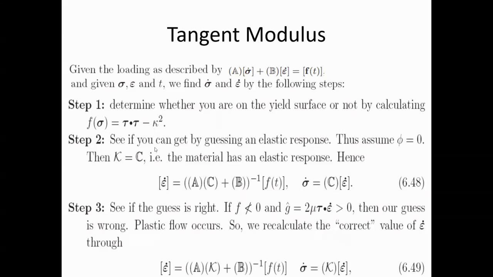After that, see if you can get it by guessing it to be an elastic response. That is, assume phi is equal to 0. Then what will happen? K is nothing but C. If K is nothing but C, now I can put it down here and get what is epsilon dot. Is it not?